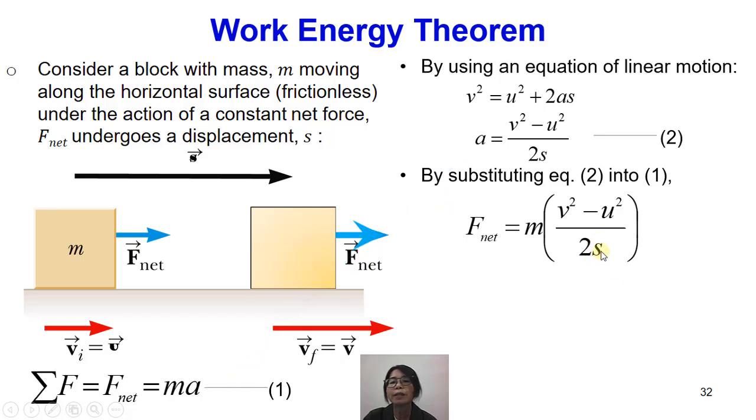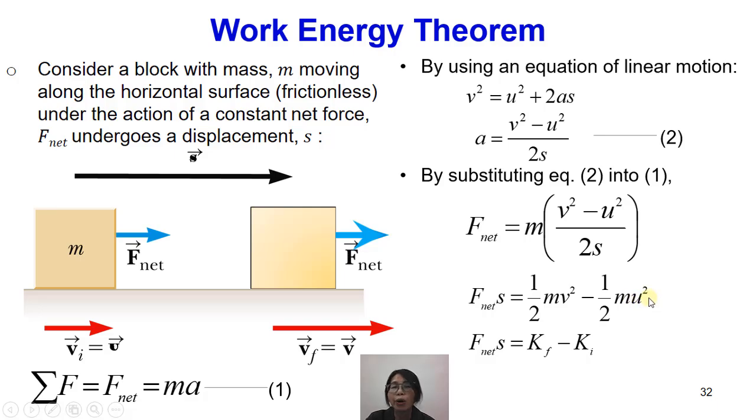Then I move the displacement s to the left hand side of the equation. Then I'm going to have F net multiplied by s will be half mv squared minus half mu squared. So recall the concept of kinetic energy. Half mv squared refers to the final kinetic energy of the object.